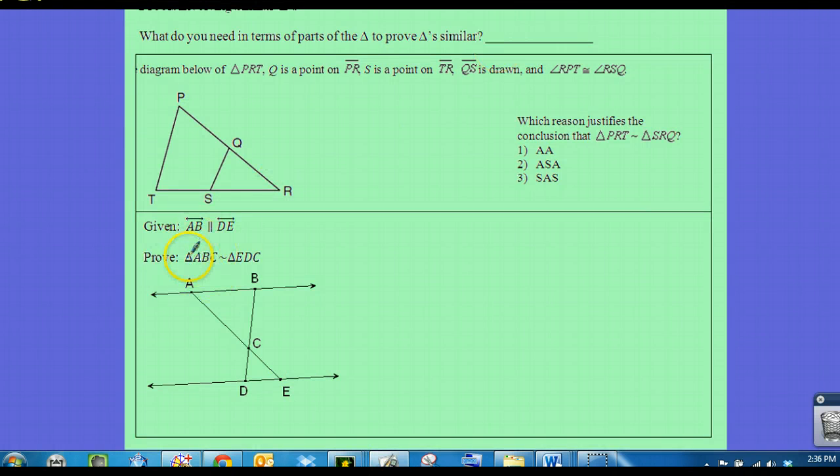Okay, so proving this triangle similar. That's not a congruency sign anymore. Similar. So I could do it a couple of ways. I could do sides proportionate or angles congruent. And we're given the parallel. So let me do my two columns for my proof. I'm going to write triangle ABC is similar to triangle EDC.